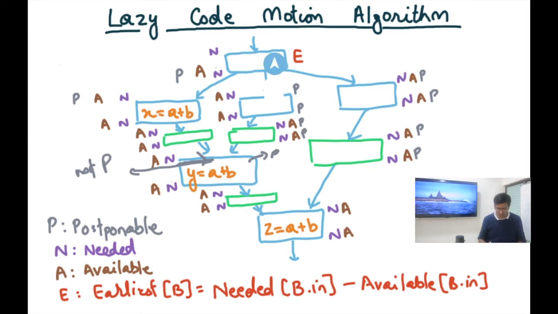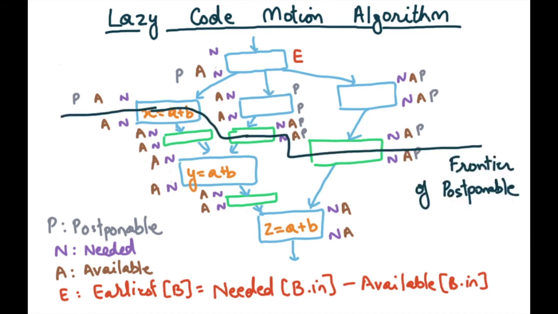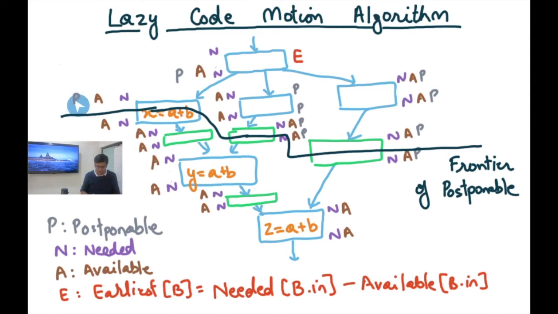Now, this solution gives us a sense of the earliest I could have computed a plus b, but where is the latest I could have computed a plus b? The postponable expressions analysis is going to give you that answer. From this solution, I can see that this is the last point where it can be postponed, this is the last point, and this is the last point.